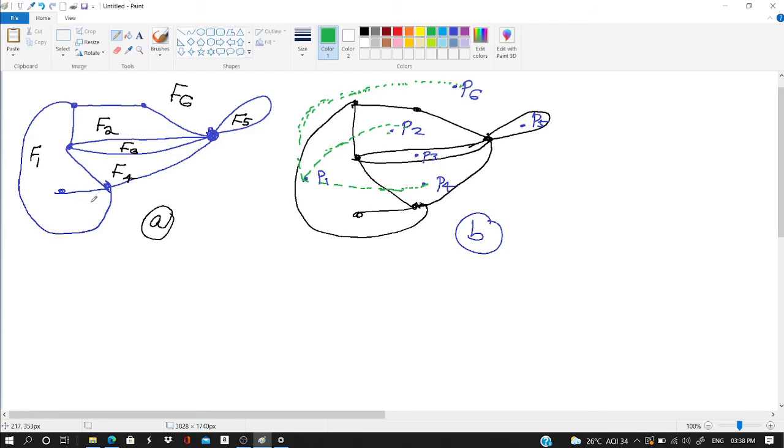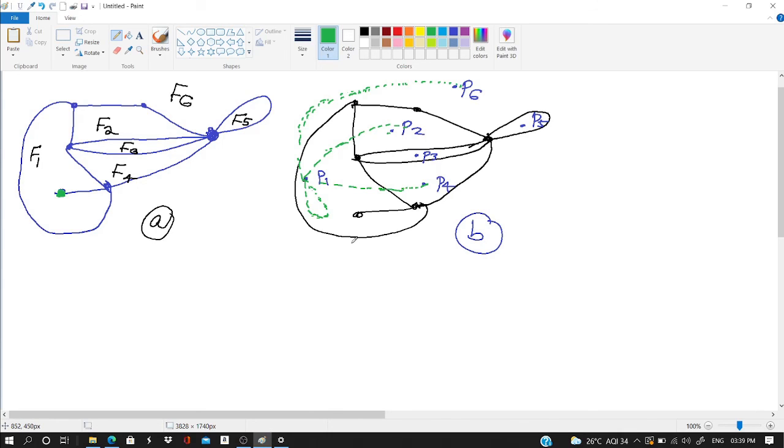Then here we can see that this vertex is a pendant vertex. So we have to draw a self loop in the dual. This is the self loop here. Now we can consider our F2.